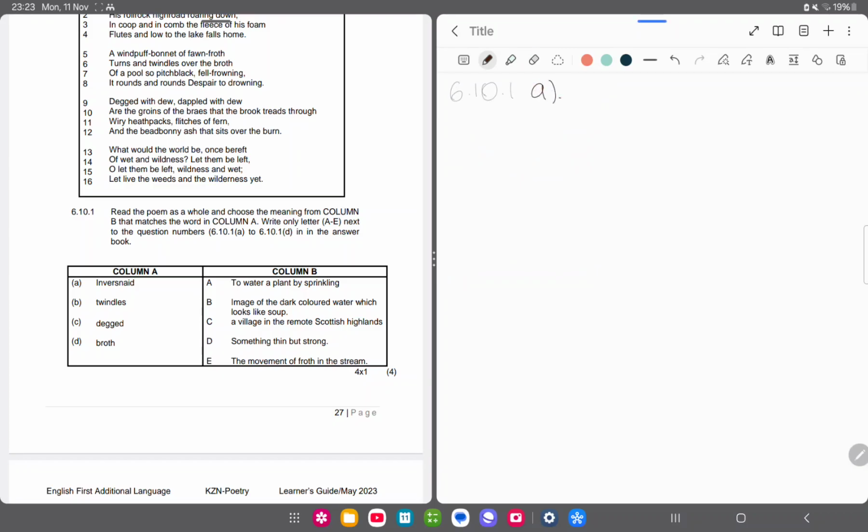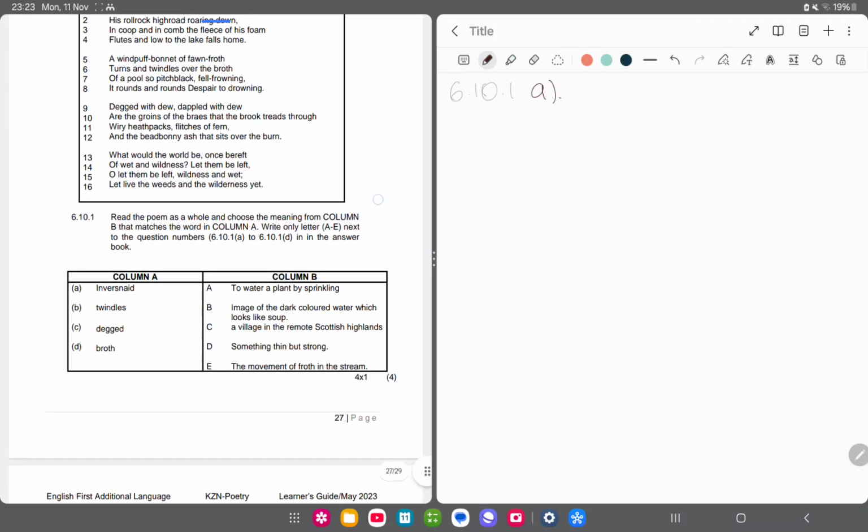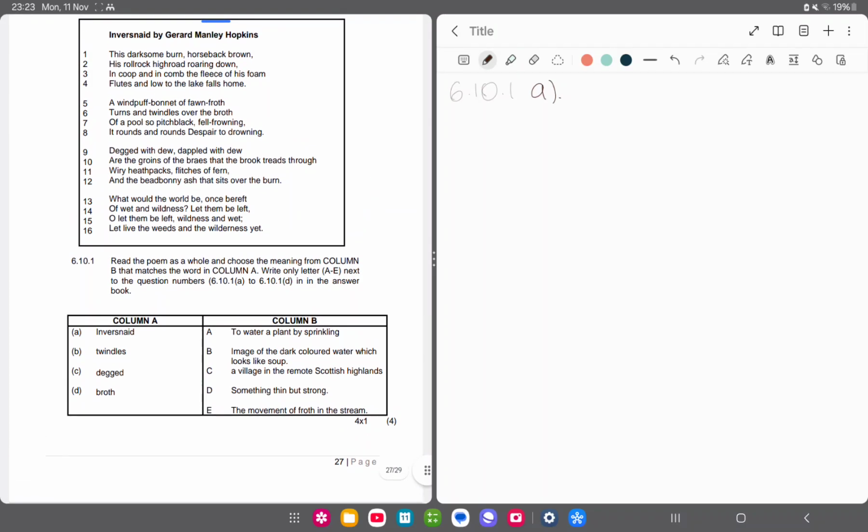Now, A says Inversnaid. If you have read the summary of this poem, you would know that the author was inspired by the village which he had visited in, I think, the Scottish area. So the answer to A would be C. C says a village in the remote Scottish Highlands, right?